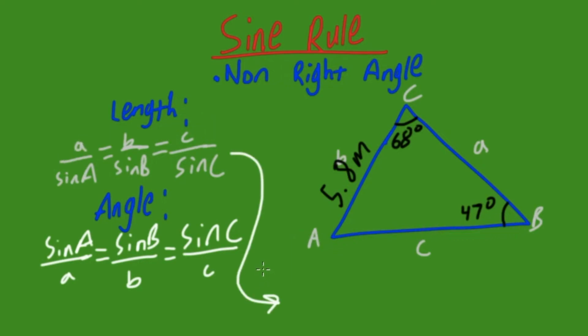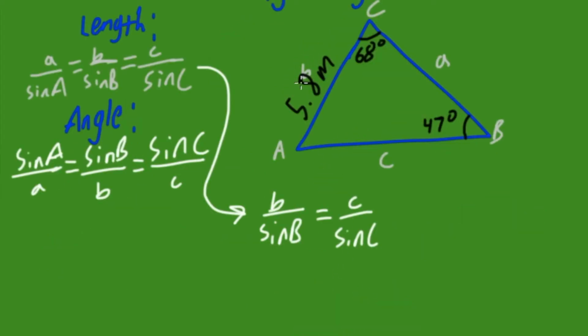The formula for this part of the example is not using a, so we'll just have b over sine B is equal to c over sine C. If we plug our values in, lowercase b is 5.8, so we have 5.8 over sine of big B, which is 47, and that's equal to little c, which is what we're trying to find, over sine of big C, which is 68.